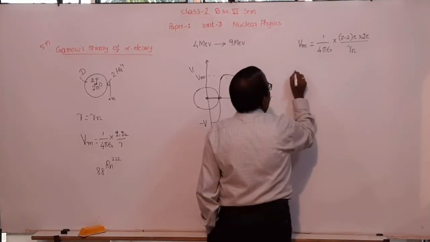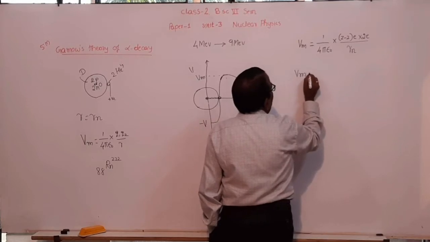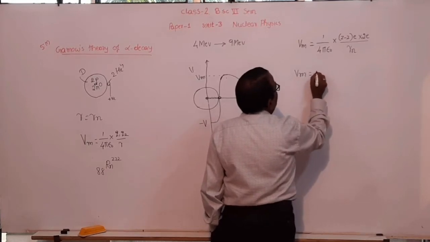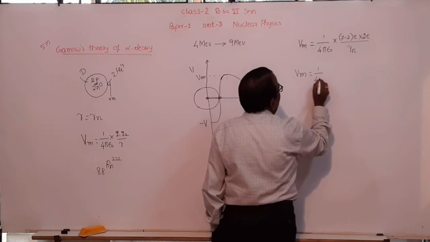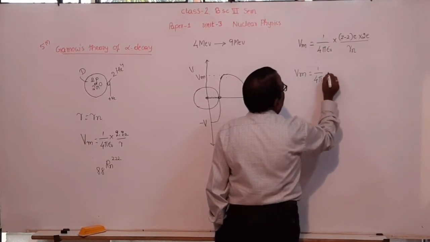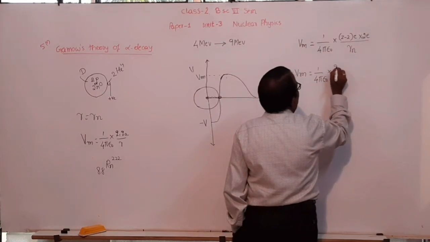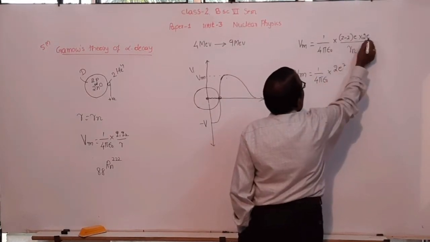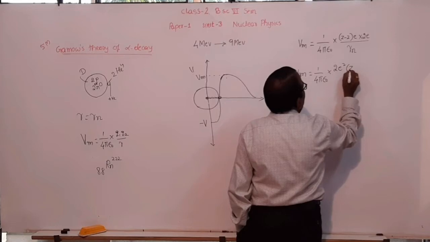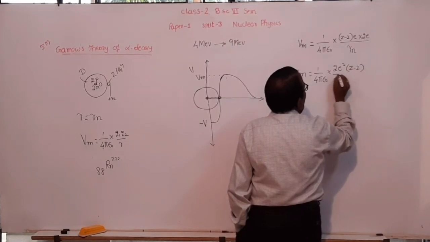All this is your Vm, which is equal to 1 upon 4 pi epsilon naught into Z minus 2, E square into Z minus 2, divided by Rn.